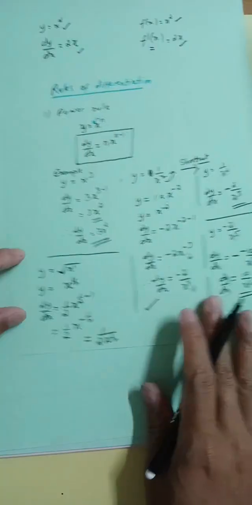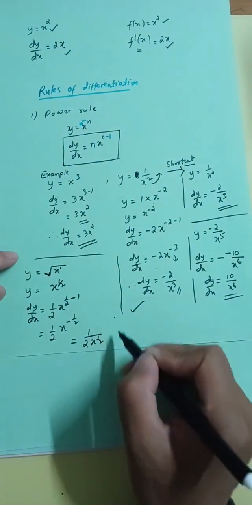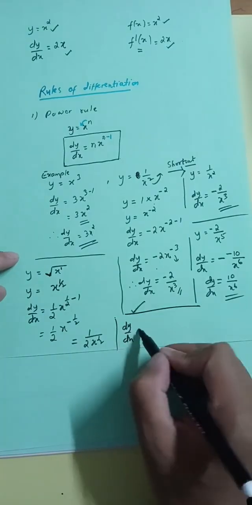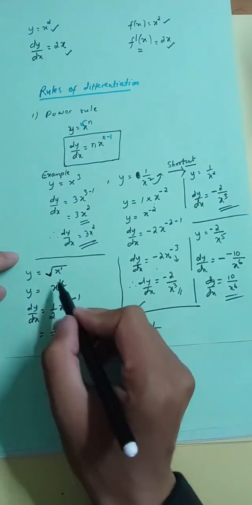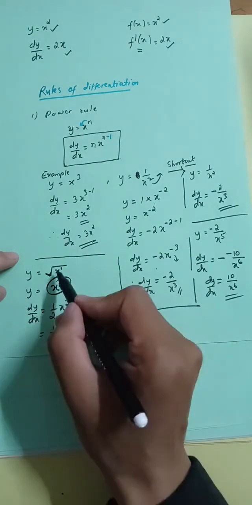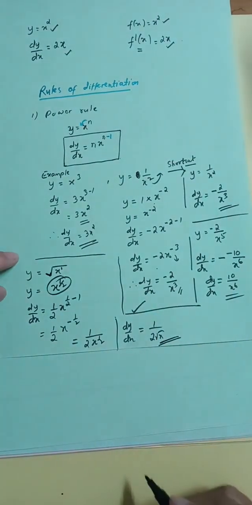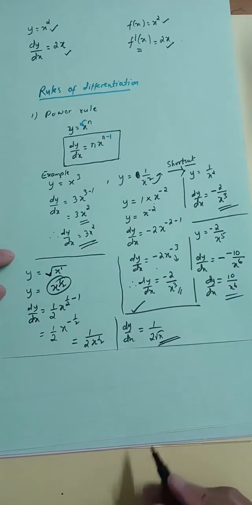Finally, dy over dx will be equal to 1 over 2 times x raised to negative half. I know that x raised to 1 over 2 is root of x, so 1 over 2 root of x is your answer.